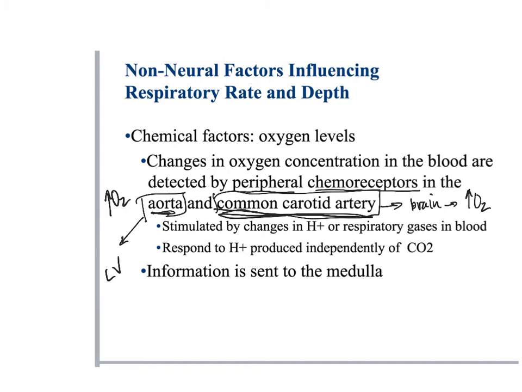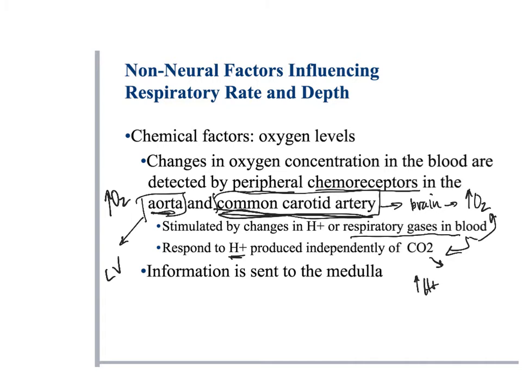They're stimulated by changes in these respiratory gases in blood, mainly O2 and to a lesser extent CO2. And then we know that hydrogen ion is going to increase as CO2 increases.